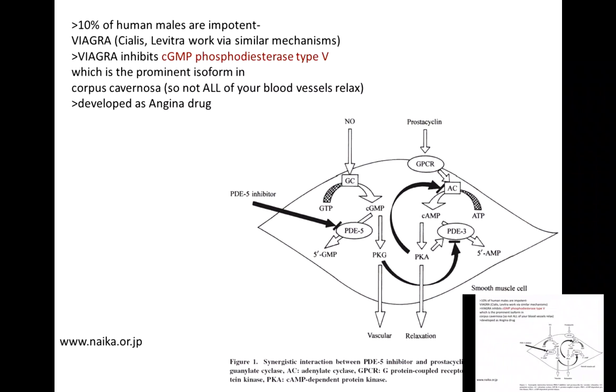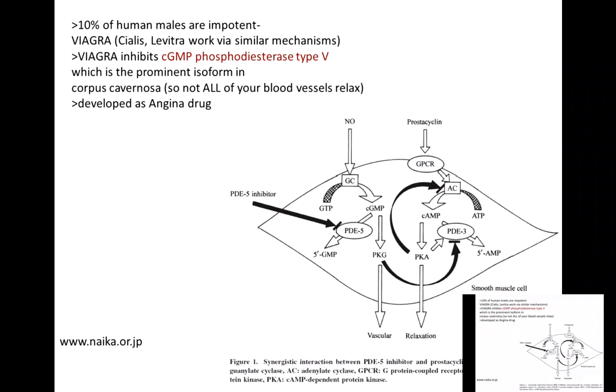for people that respond to Viagra, the problem is that the cyclic GMP is made but doesn't stick around. And so this drug allows the cyclic GMP to stick around and allows men who are impotent to maintain an erection. The story goes that this was developed as an angina drug, and I've told that story.